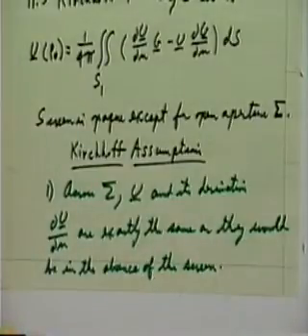Okay, first assumption, across the open portion of the screen, u and its derivative, partial u with respect to n, are both exactly the same as they would be in the absence of the screen. That's the first assumption.